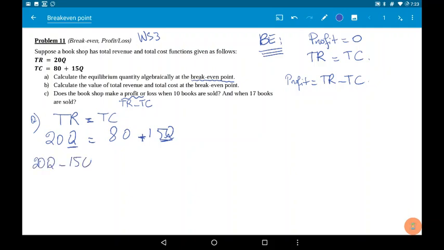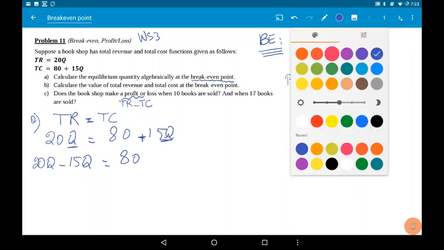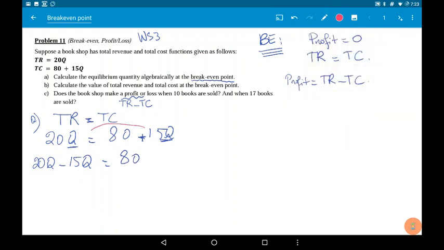20Q minus 15Q equals 80. 15Q goes here, and it's negative. So 5Q equals 80. Q at break-even is 80 over 5.